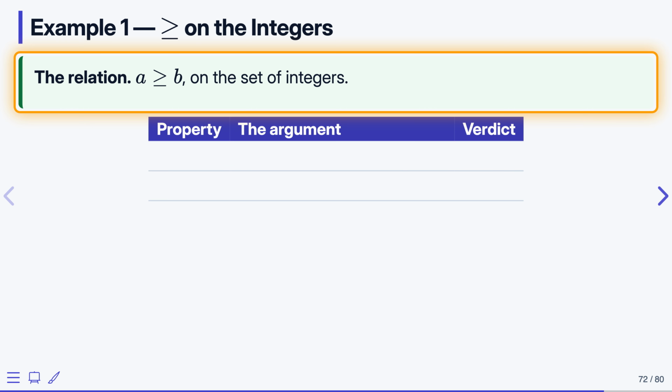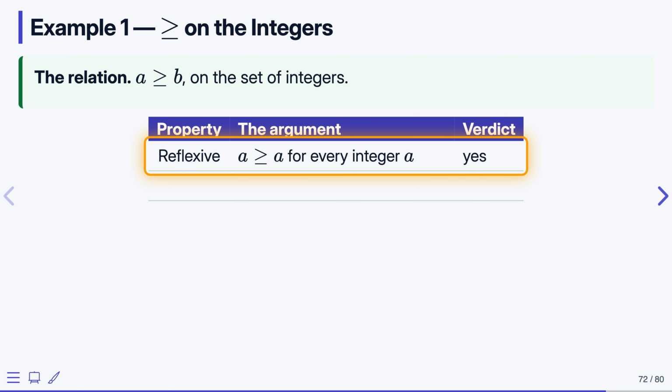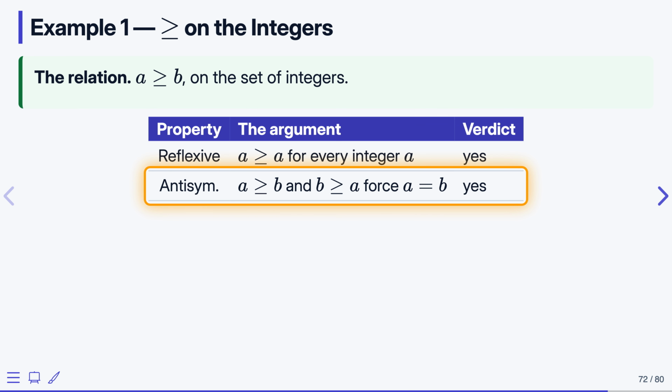Let's check a first example. Take the relation greater than or equal to on the integers. Reflexive. Is every integer greater than or equal to itself? Yes, because equal is allowed. So A is greater than or equal to A. Antisymmetric. Suppose A is greater than or equal to B, and B is greater than or equal to A, then neither one is strictly bigger, so A and B must be equal.